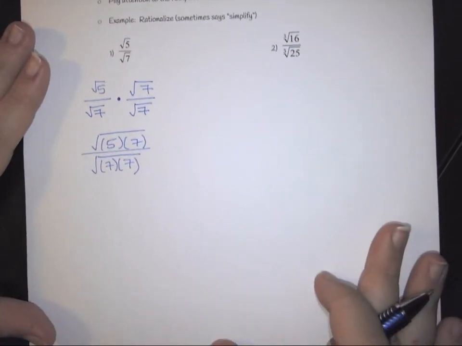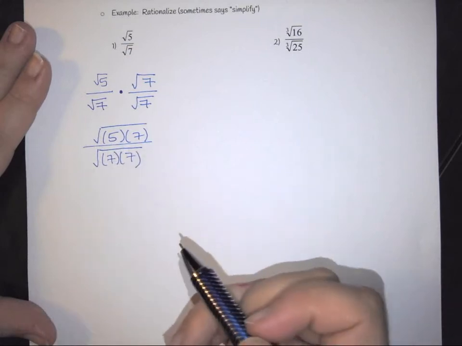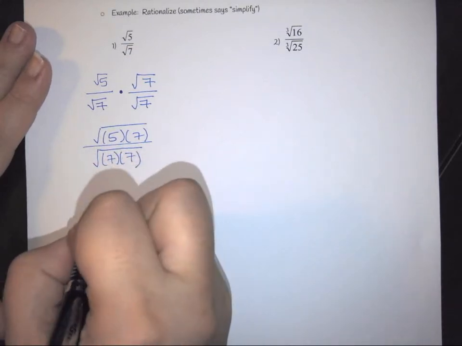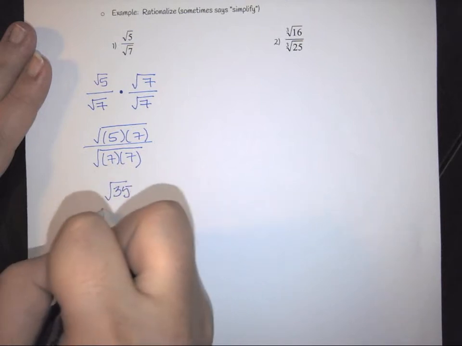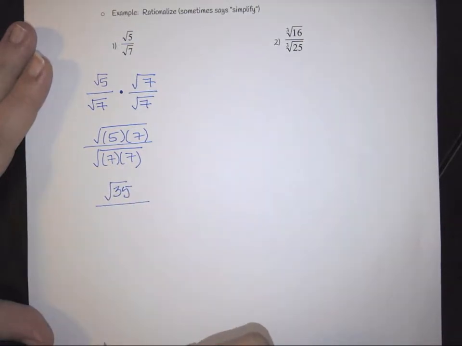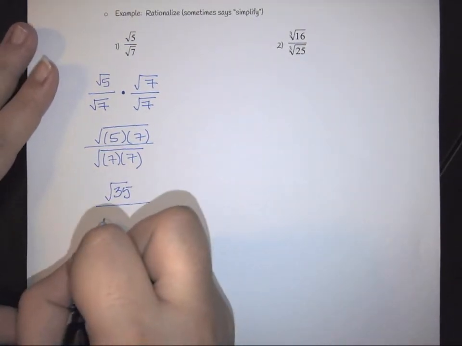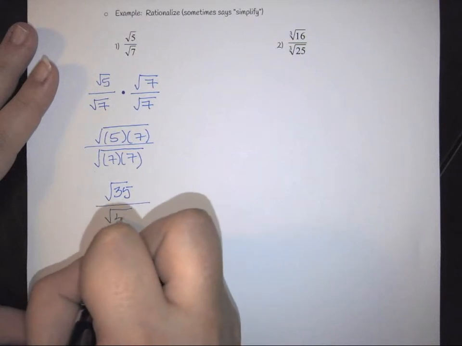If we continue to reduce, 5 times 7 is 35, so this is the square root of 35. And 7 times 7 is 49, so this is the square root of 49.